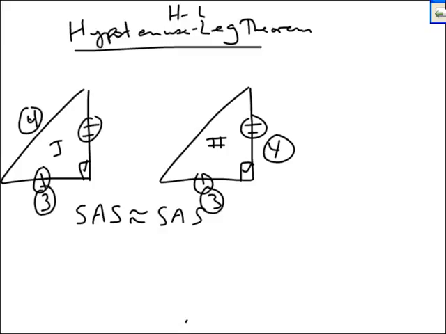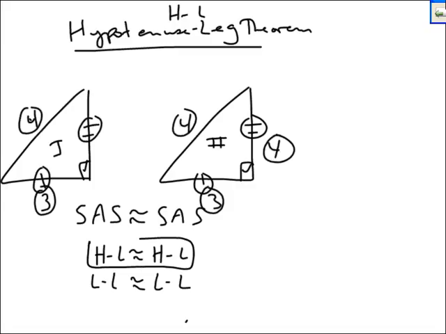You either use the hypotenuse and a leg and the hypotenuse and a leg, or you use leg and leg. And they must be right triangles. If you have the hypotenuse and the leg of one right triangle, and they match the hypotenuse and the leg of another right triangle, those two triangles are congruent.